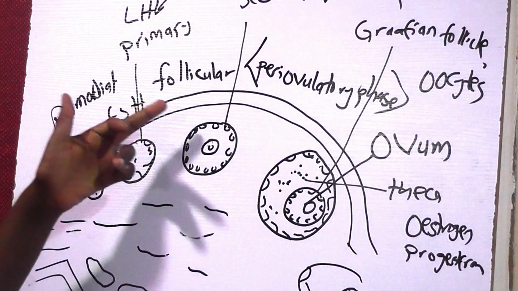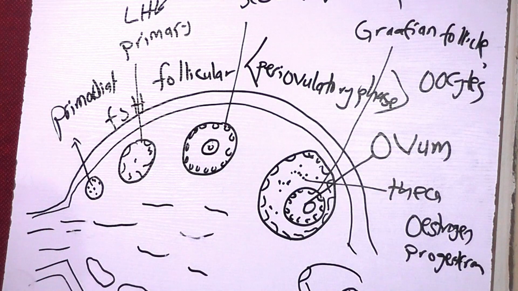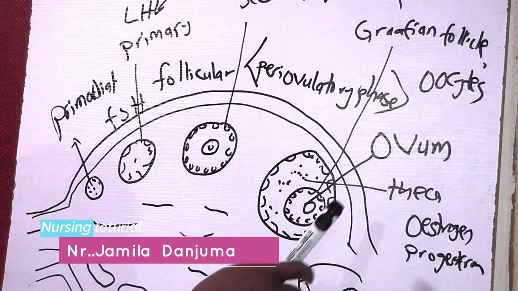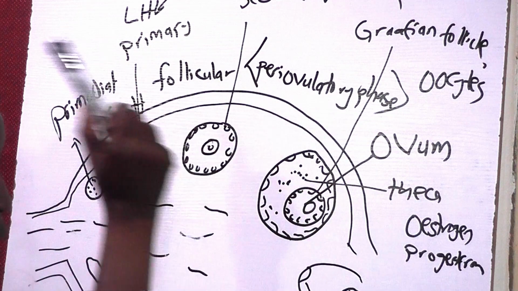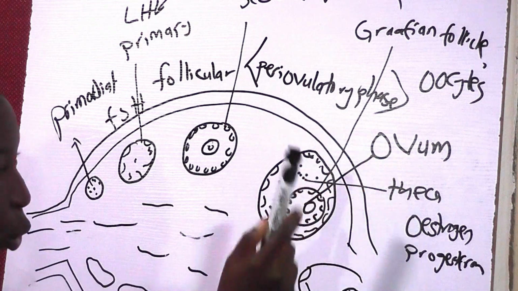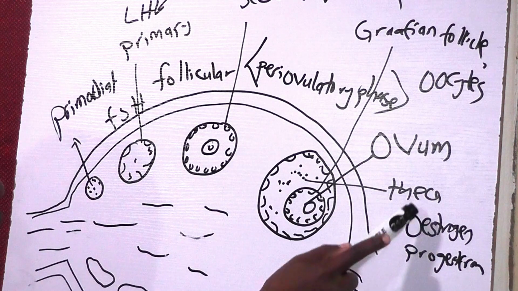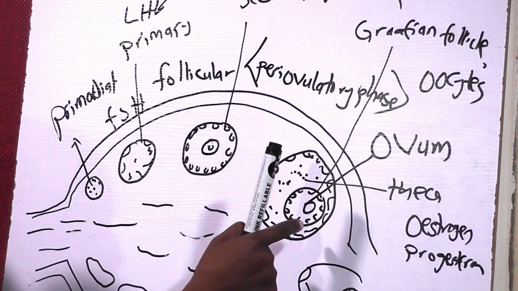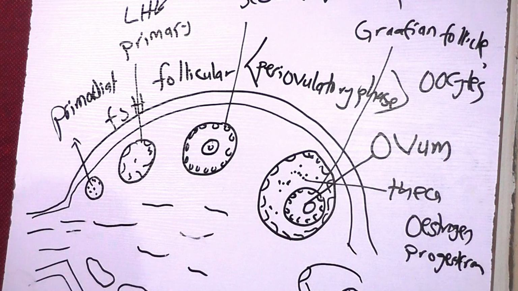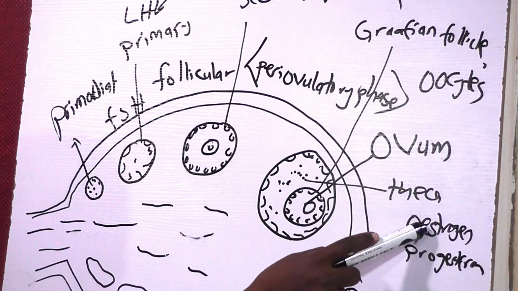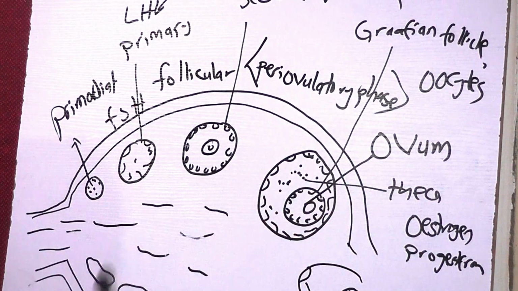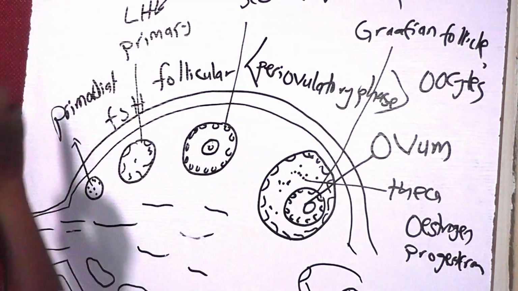Now, with continuous release of the follicle stimulating hormone, these follicles have grown to a matured follicle, and it contains the matured ovum. The matured ovum is now ready to be released. With the continuous production of estrogen and progesterone by the Theca cells, as the level of these hormones rises, the message is sent to the hypothalamus of the brain.